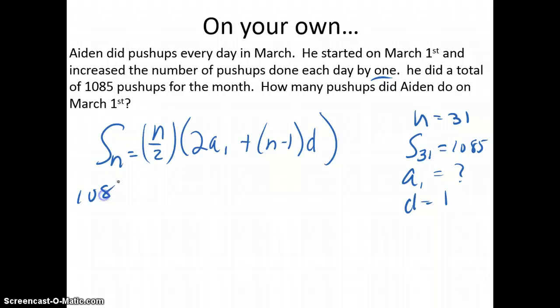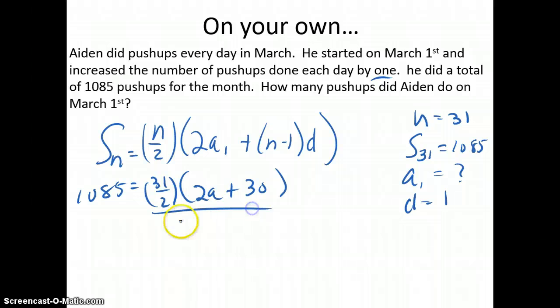So I plug this in. 31 over 2 times a plus n was 31 minus 1, which is 30, times d, which is 1. I'm going to skip a lot of this stuff. I know that 31 divided by 2 is 15.5, so I'm going to go ahead and do that division.